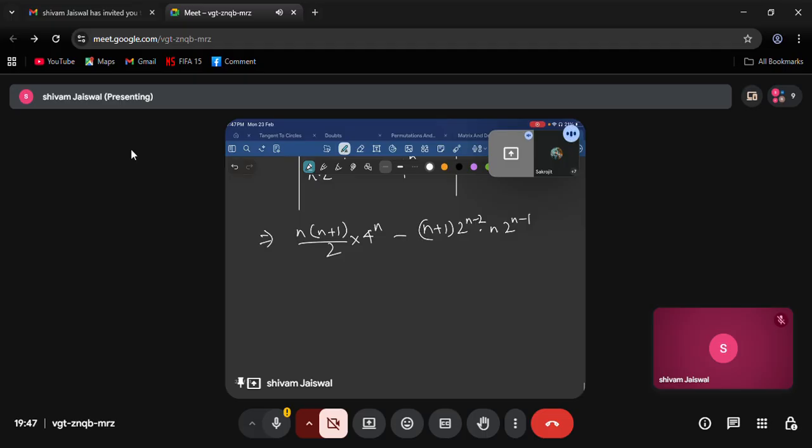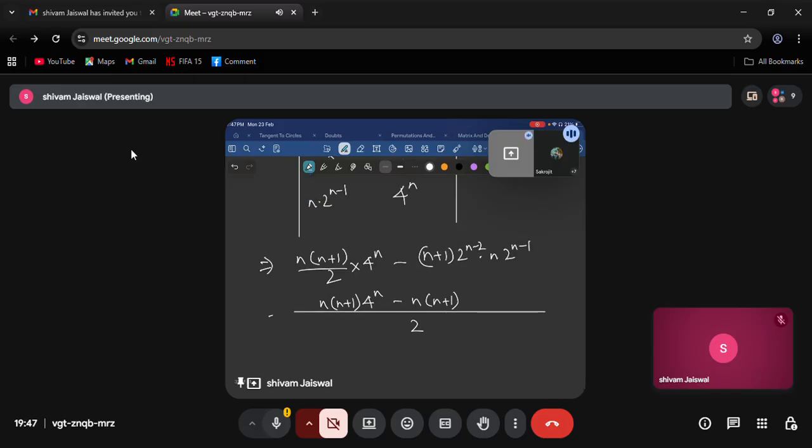Okay, let us simplify, everyone. This is going to come as, we can take 2 as LCM. Numerator would be n into n plus 1 into 4 to the power n minus n into n plus 1 into 2 to the power n minus 2 into 2 to the power n minus 1.